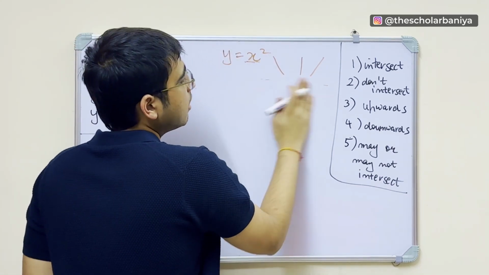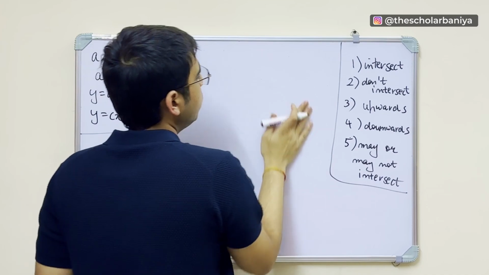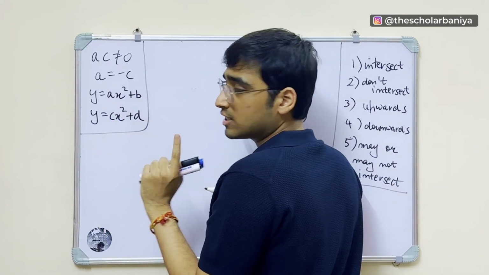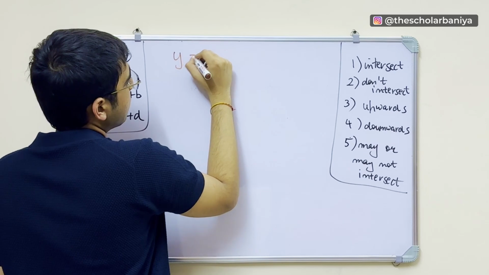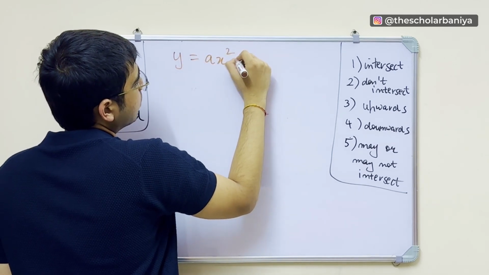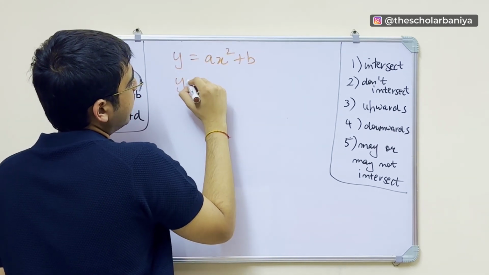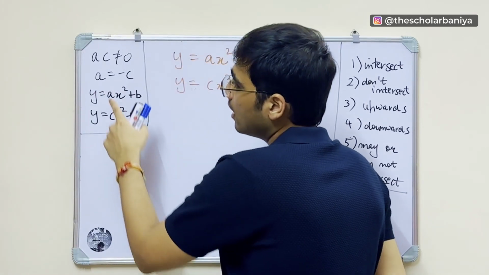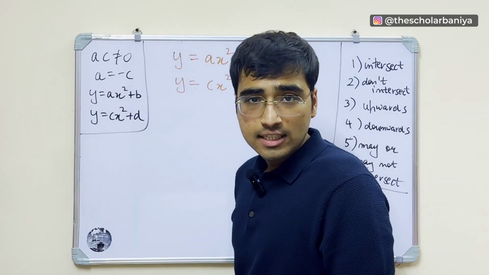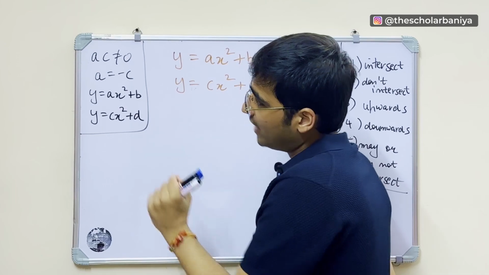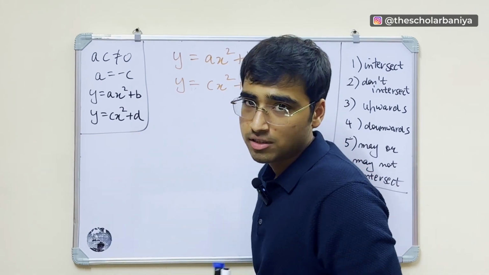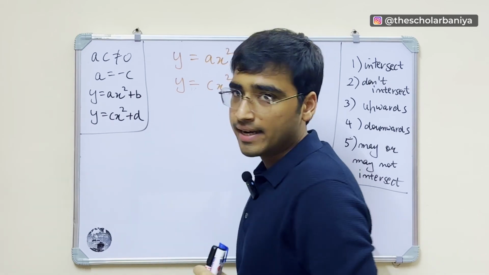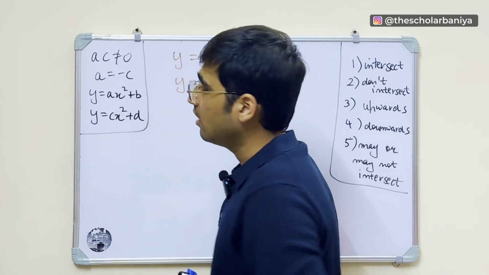Now, moving back to the question, we are given that y equals ax square plus b, and the other equation is y equals cx square plus d. But we also know that a equals minus c. That means if a is positive, c is negative, or if a is negative, then c is positive.